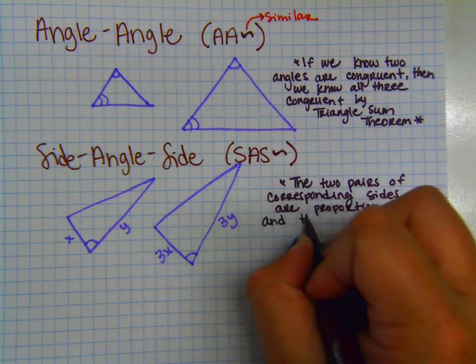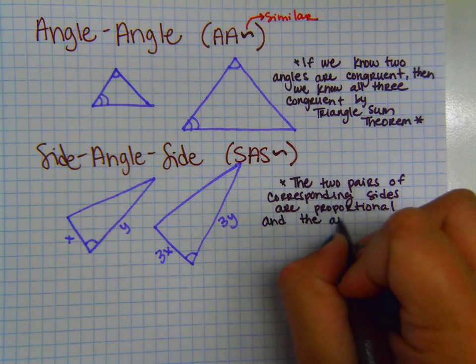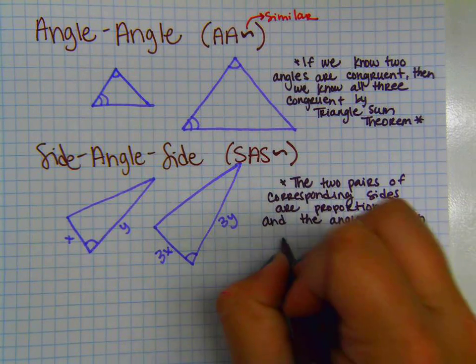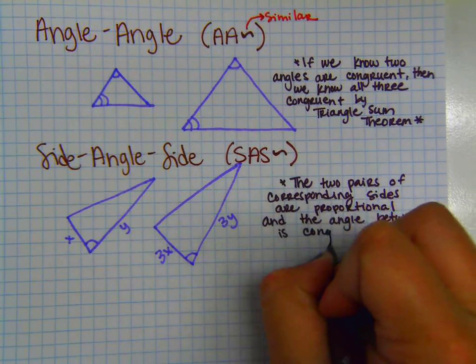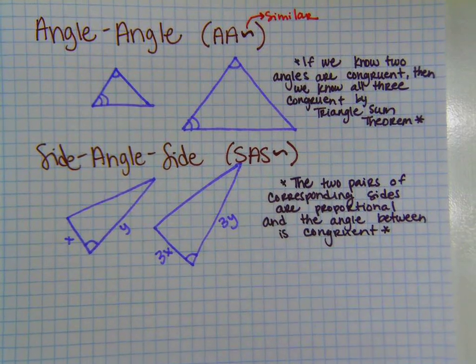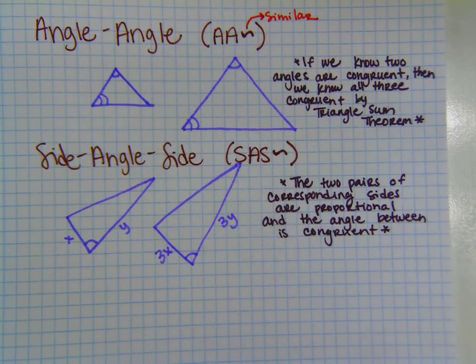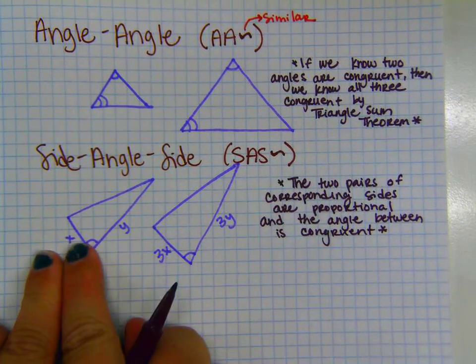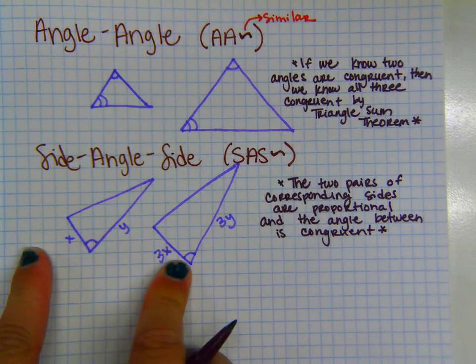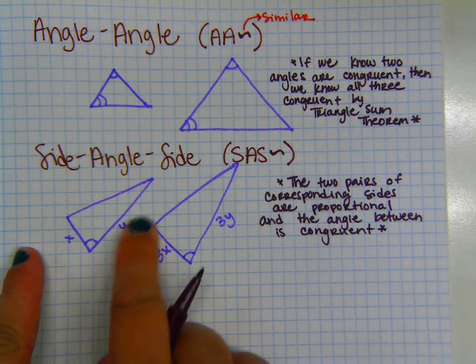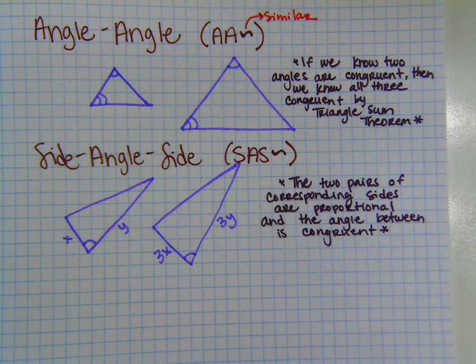And the angle between is congruent. So again, these are not congruent sides. Well, they're not necessarily congruent sides. There's a scale factor here going from that triangle to this one, and it's the same one going from those sides. So that makes it a similar triangle.